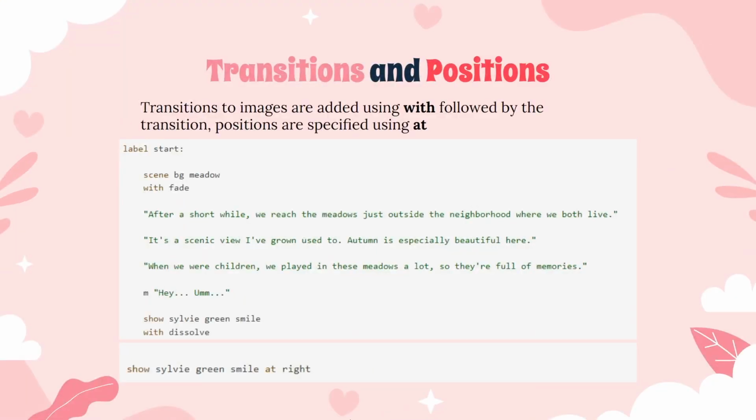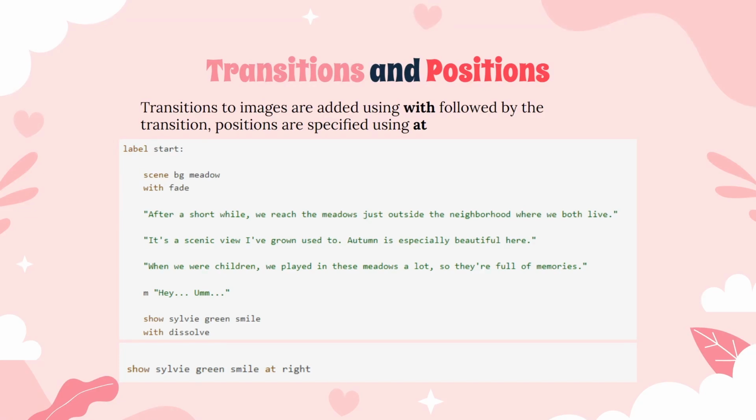So transitions and positions. Transitions to images are added using with, followed by the transition, and then positions are specified using at. So here we have the scene of a meadow, and then they added transition with fade. You can also add that on the same line. When you do that, it will make the background show up with a fade transition.